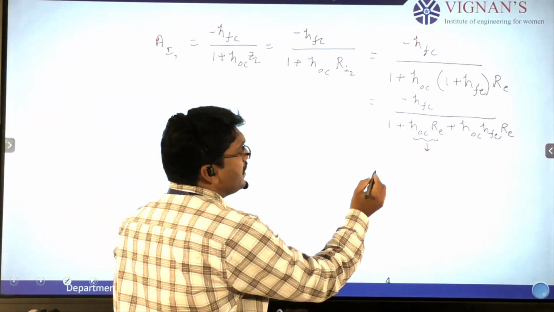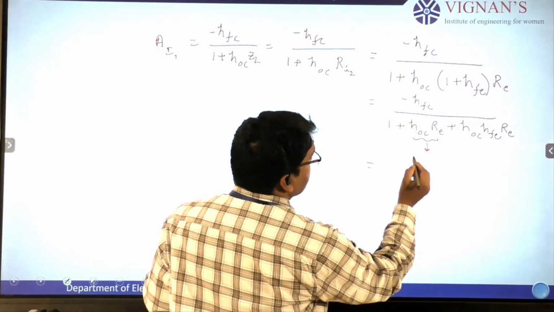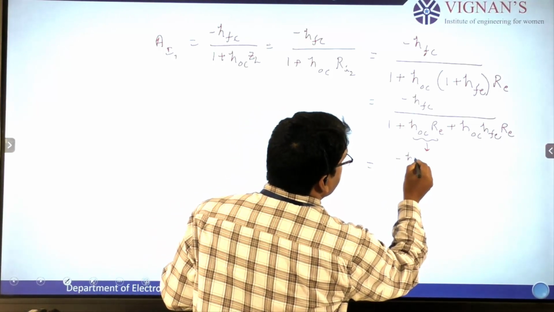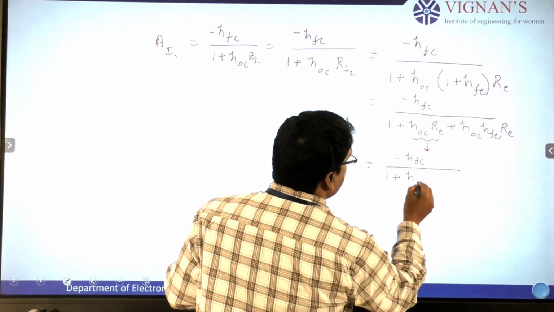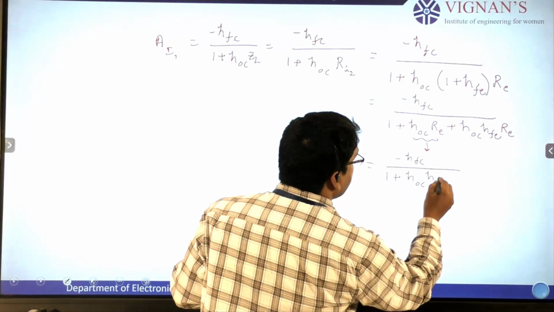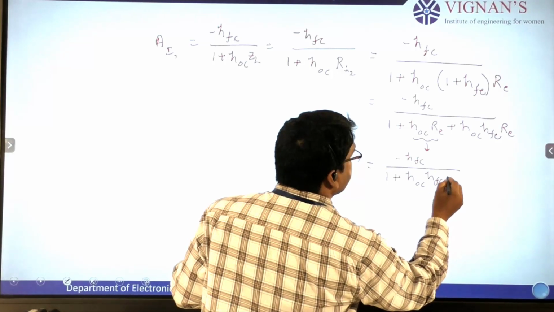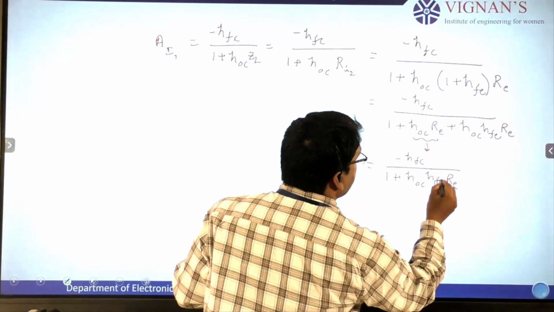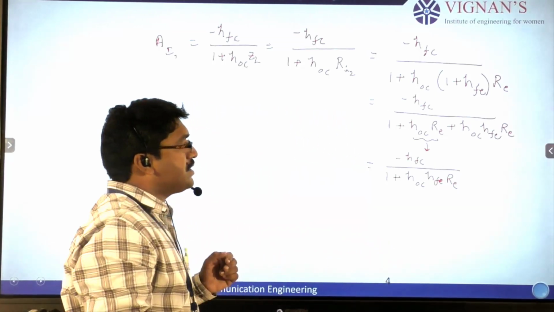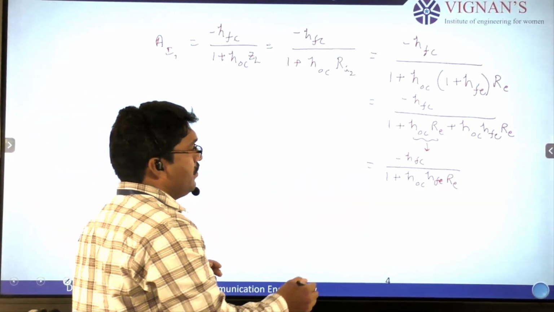Already we have assumed this in the analysis of the second stage. So it is minus hfc by 1 plus h0c hfe Re. We can write h0c as h0e if you want.